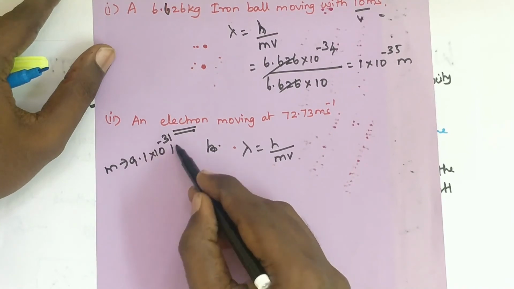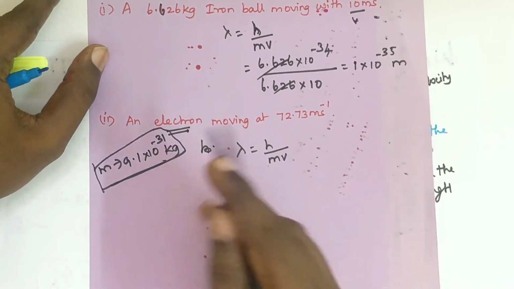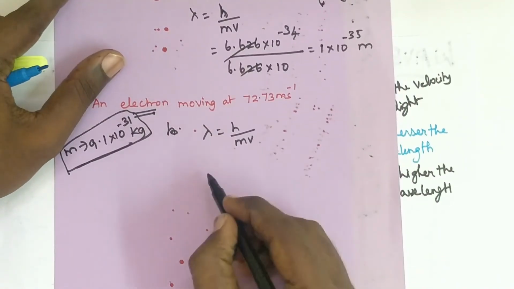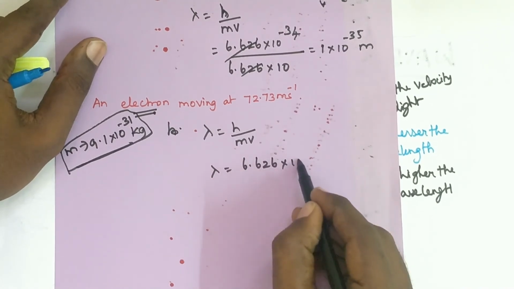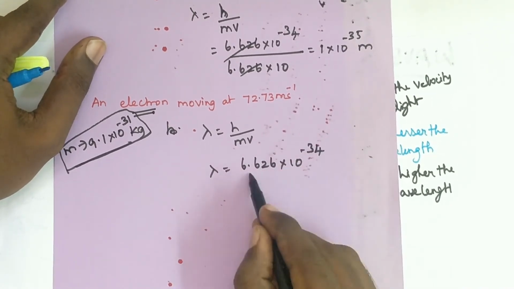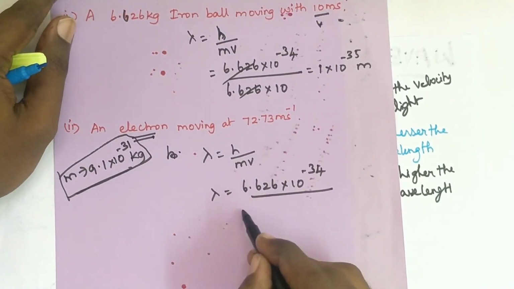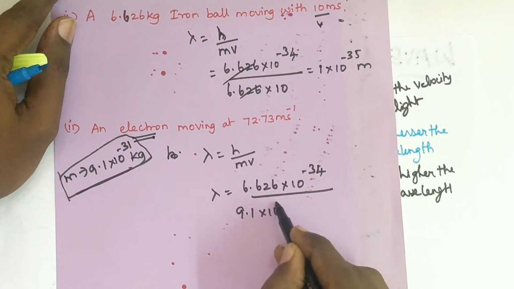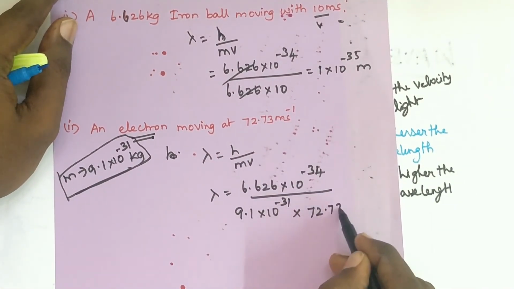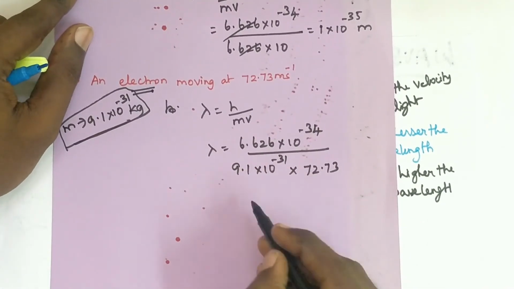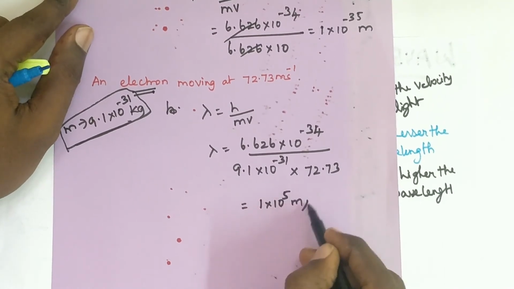So lambda is equal to the Planck constant, 6.626 into 10 power minus 34, divided by the mass of the electron, 9.1 into 10 power minus 31, into the velocity given, 72.73. On dividing, you get the value of 1 into 10 power 5 meter.